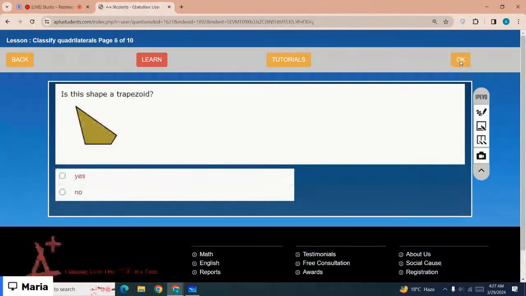Is this shape a trapezoid? The correct option is, I think no, this isn't a trapezoid.